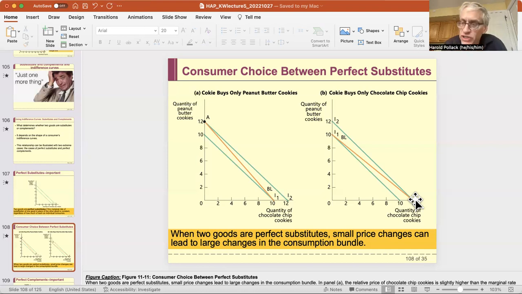I'm going to buy whichever one is cheaper. And so I'm going to be really sensitive to the relative prices of these two things. If Miller beer becomes 10% cheaper, wow, I might shift all my beer consumption over in that direction. So when things are really close substitutes, customers are really sensitive to price differences.